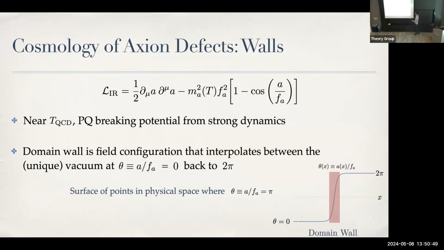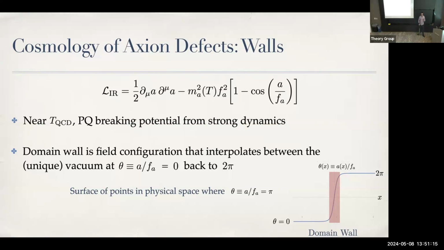You'll notice that these are the true ground states of my universe, but I get a sudden increase in my energy density near the point that interpolates between 2 pi and 0, i.e. near theta equals pi. What's happening there is, if you look at this potential, my minima are at A/Fa equals 0 and 2 pi, but I have a maximum, a lot of energy density, at A/Fa equals pi.